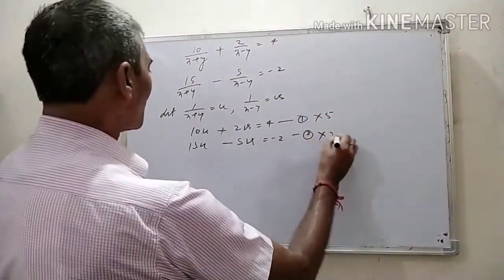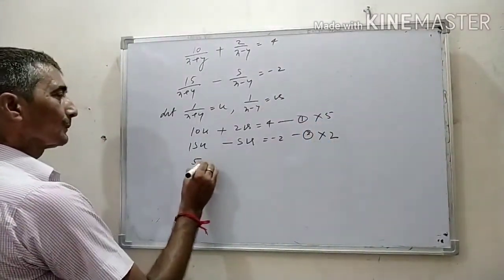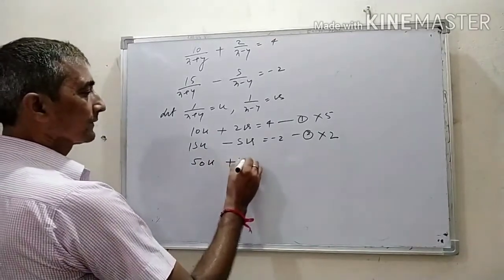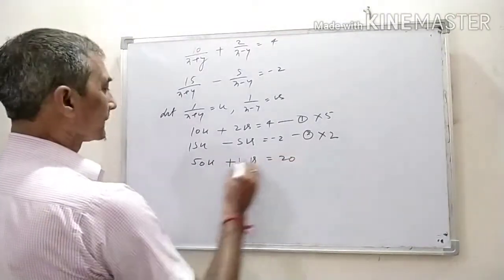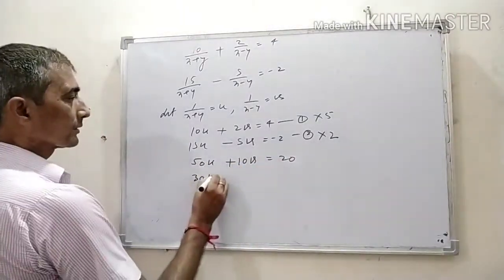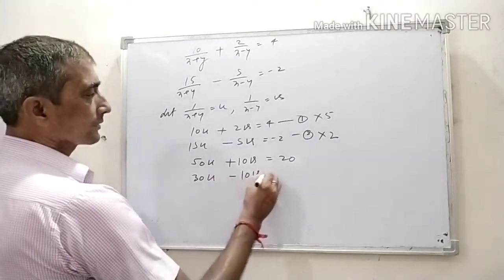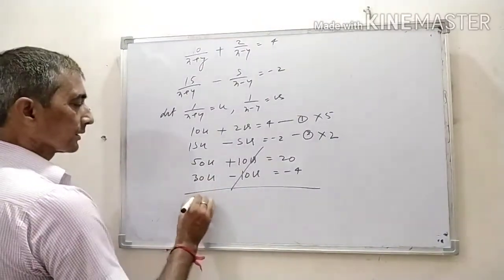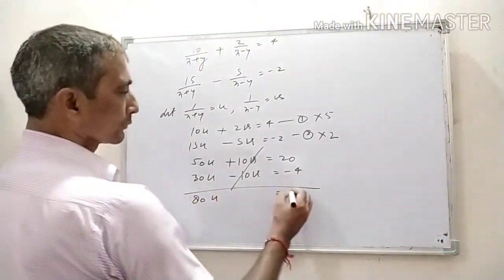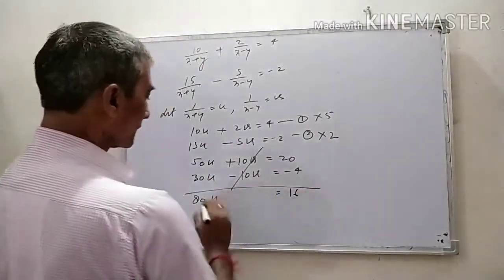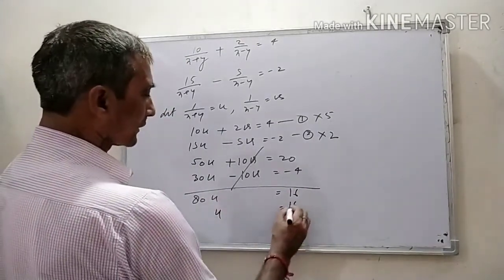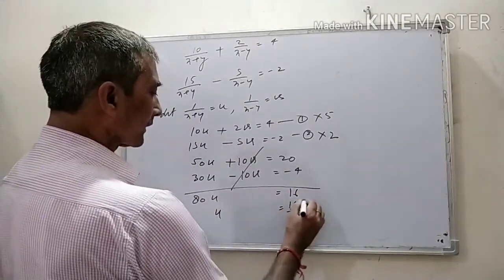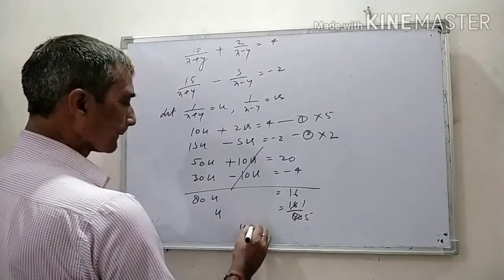Multiply by 5 and 2: 50u plus 10v equal to 20, and 30u minus 10v equal to minus 4. Adding them, 80u equal to 16, u equal to 16 by 80, that is 1 by 5.